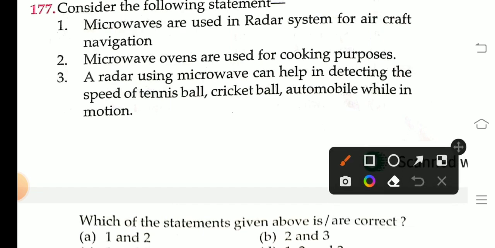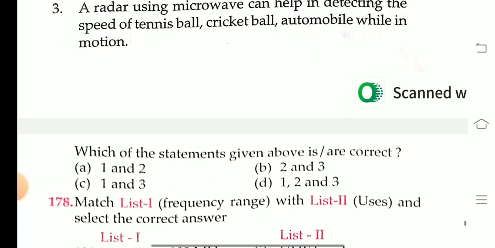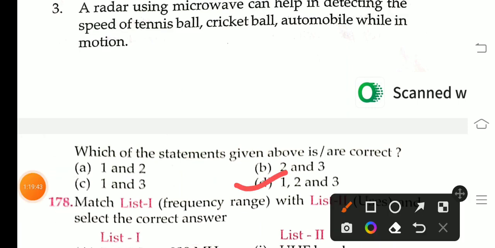Which of the statements are correct? Right answer will be option D. 1 and 3.